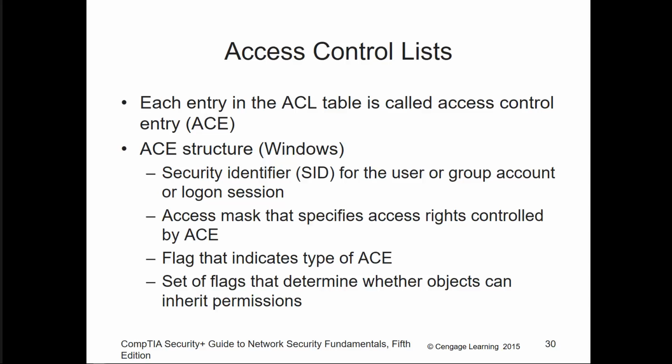Flags indicate types of ACE, and you set the flags that determine whether the object can inherit permissions or not. So if you have an object in a folder, that folder may have certain permissions, and the object may have certain permissions. Well, because the object's in the folder, the object may inherit the permissions of the folder if the flag is set to inherit those permissions.